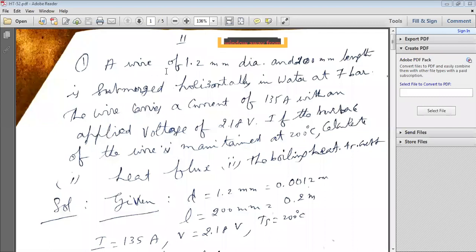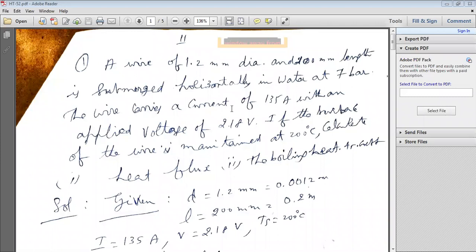First problem. A wire of 1.2 mm diameter and 200 mm length is submerged horizontally in water at 7 bar.